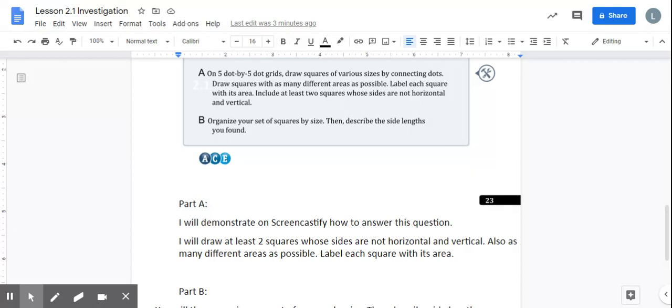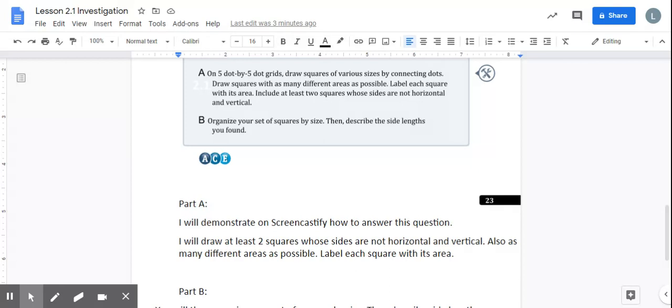We're going to see how to actually see how many square units each of them have. All right. So if you look at this one, it's very obvious. This is 1 unit squared because we're just using 1 unit. Okay.